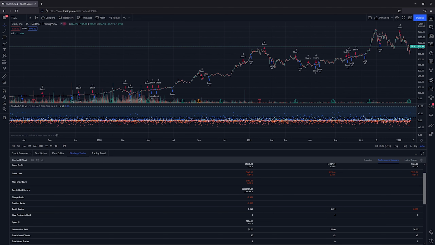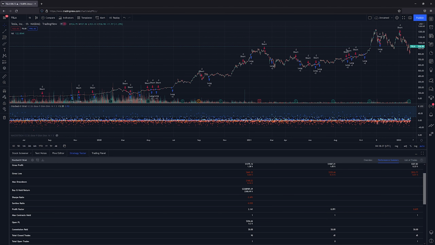And just like the Sharpe ratio, the Sortino ratio is similar, is what I read, but it factors in volatility a little bit differently. Your profit factor we went over on the first tab. This is your gross profit divided by your gross loss, and that gives you your profit factor.